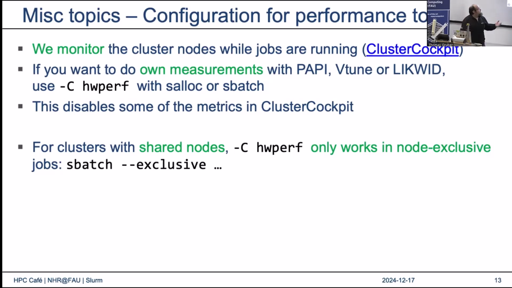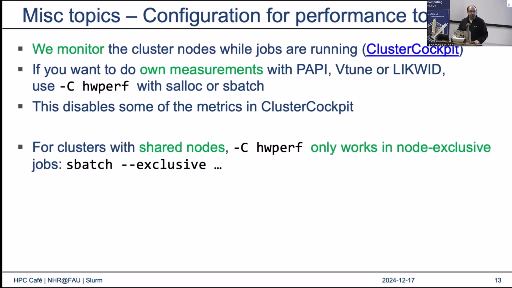This is only important if you want to do your own measurements using PAPI or VTune or LIKWID. For some clusters with shared nodes, so the TinyGPU and Woody and so on, this -C hwperf only works if you have a node-exclusive job. Of course, if you're sharing the node with other users, we cannot give you access to these hardware counters because then you can read stuff from the others.